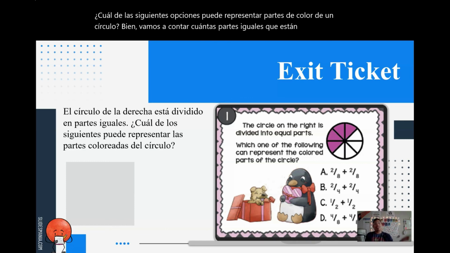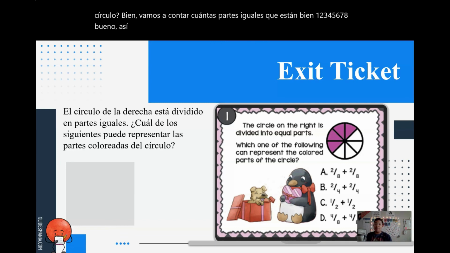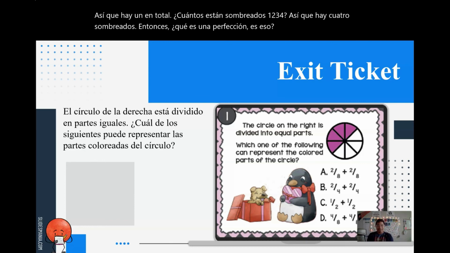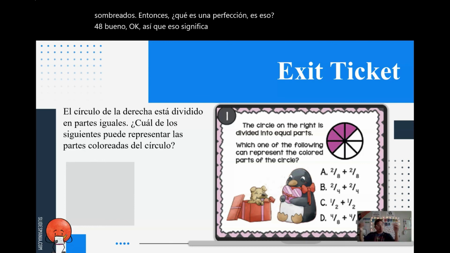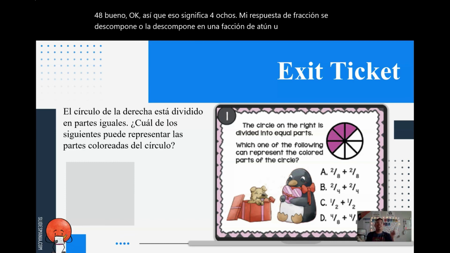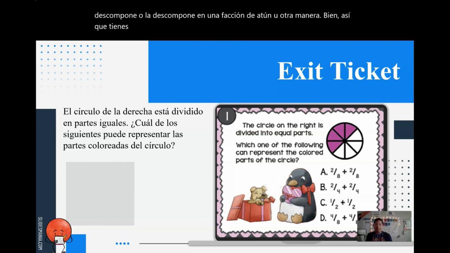Good. So there's 8 in total. How many are shaded? 1, 2, 3, 4. So there's 4 shaded. So what type of fraction is that? 4/8. Good. So that means 4/8 is my fraction, and I need to decompose or break it down either into its unit fraction or another way, okay? So you need to make sure that each answer can equal up to 4/8. And if it doesn't, that's not the right answer.